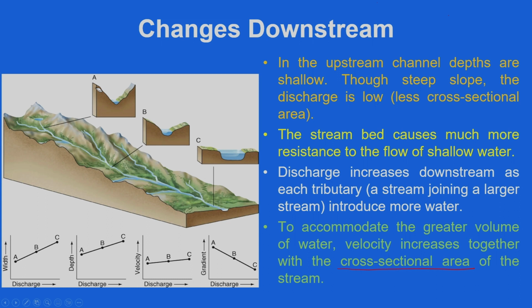So, this also is important, and the illustration which has been shown here helps you in understanding what we have discussed over here, okay, because that shows the discharge part here and depth also. So, at different locations, that is your A, B and C, what you are able to see in terms of the width, in terms of the depth, in terms of the velocity, in terms of the gradient.